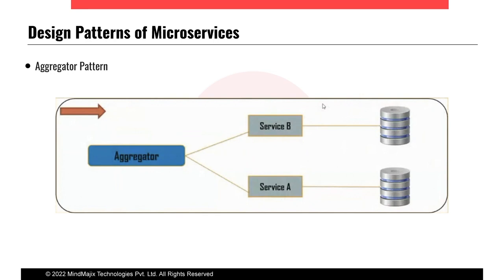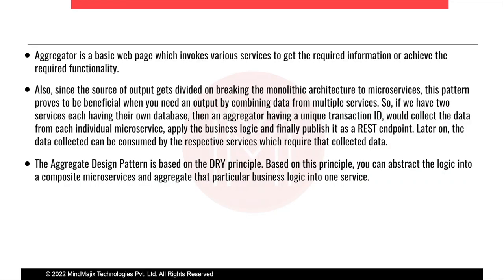Let's say there is a web page here, and the request comes to the web page. That web page takes the aggregate request and sends it to the services, service A and service B, and these are the database structure. So the aggregator pattern means all the requests are collected and sent to each service. This is the aggregator pattern.